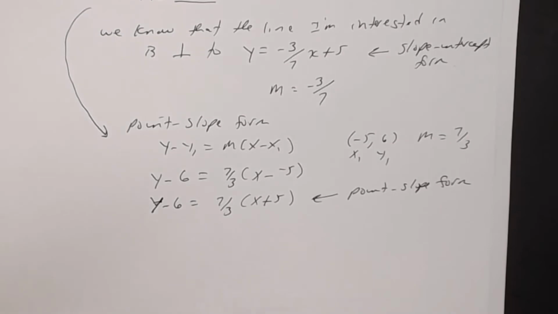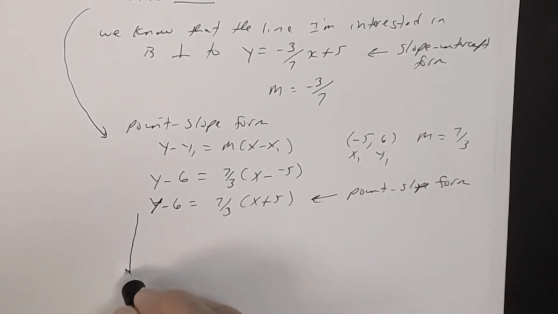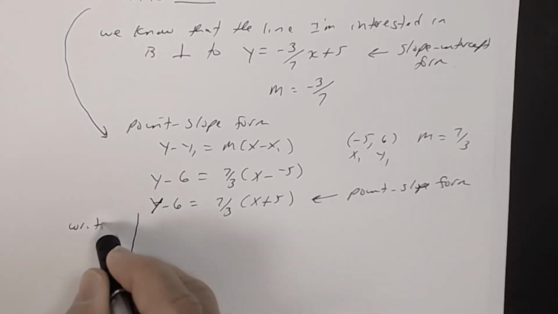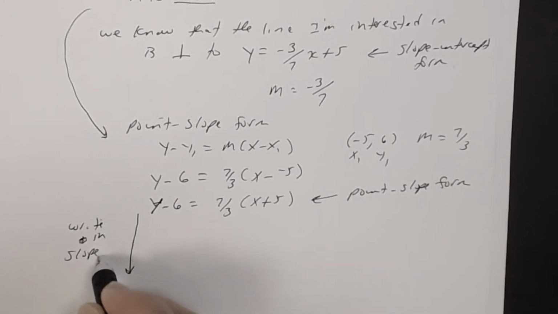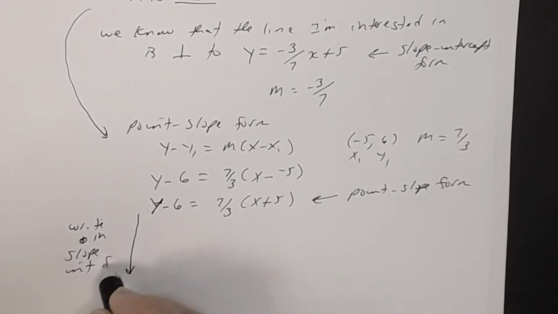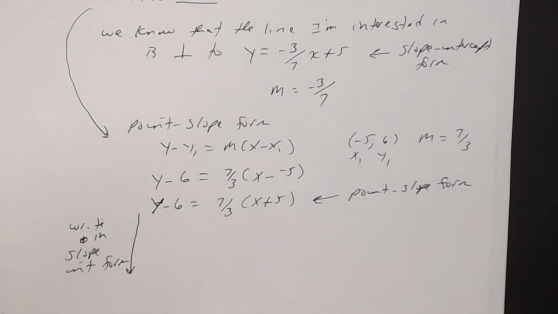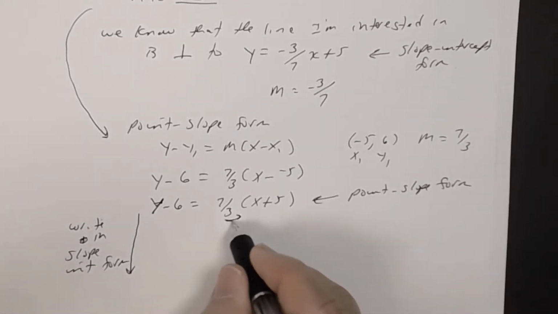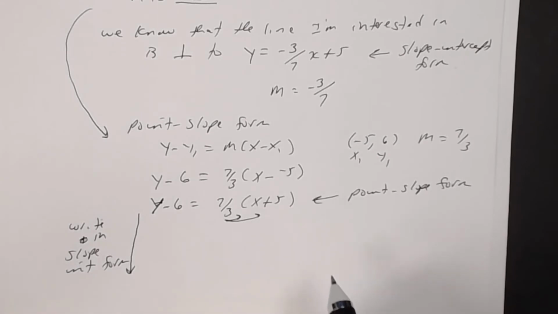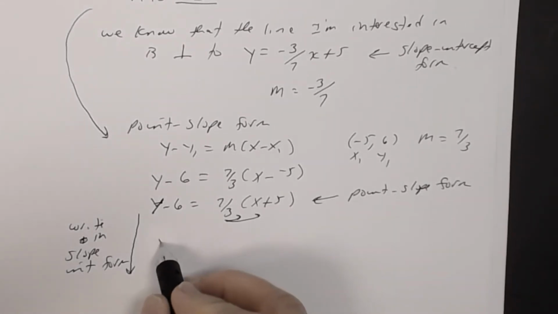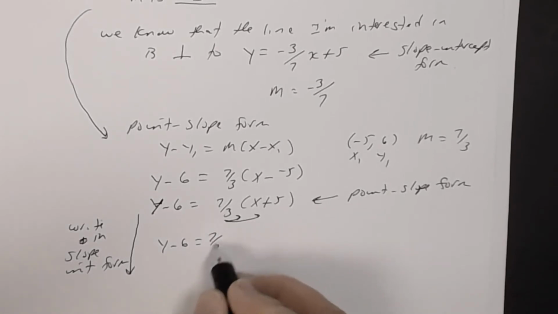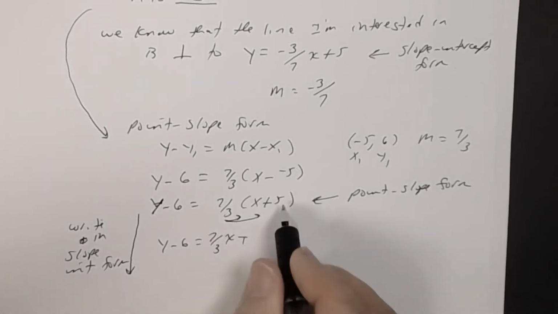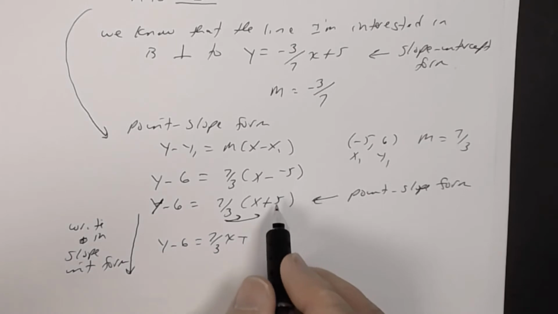Okay, so what we're going to do now is transform this to slope-intercept form. Okay, all right, let's do that. So I'm going to distribute the 7/3. And when I do that, I get y minus 6 equals 7/3 times x is 7/3 x, plus 7/3 times 5. 7 times 5, remember that's 5 over 1.